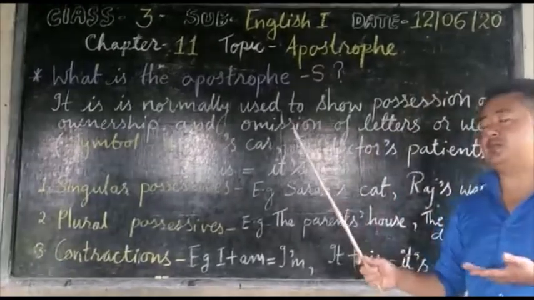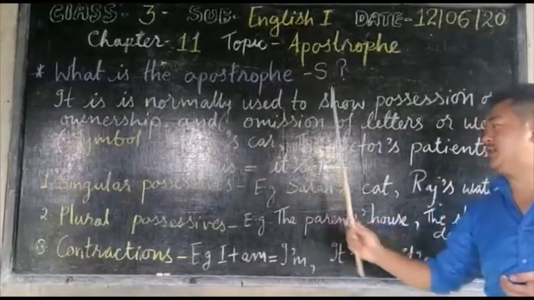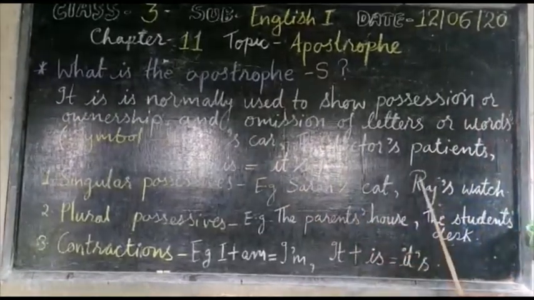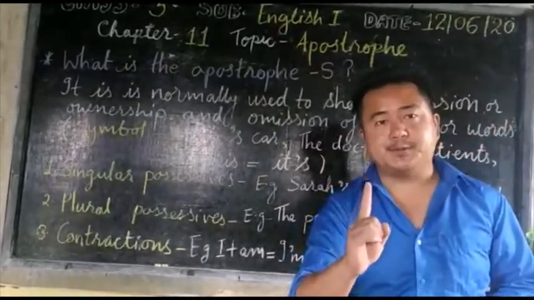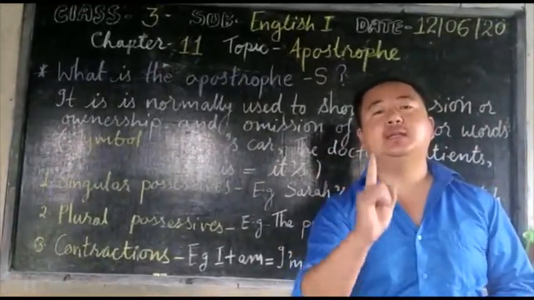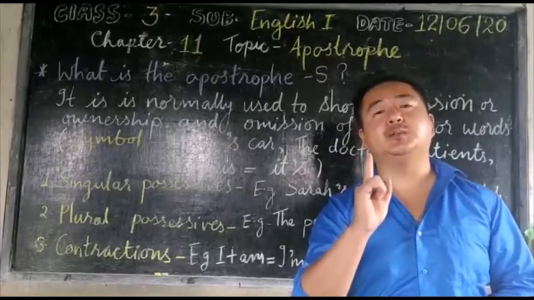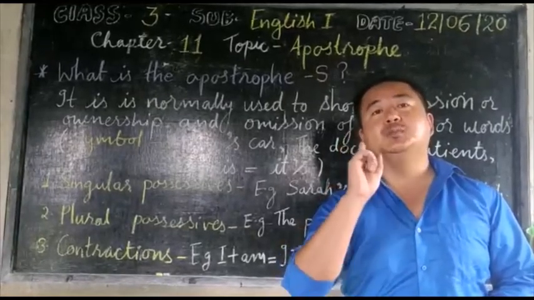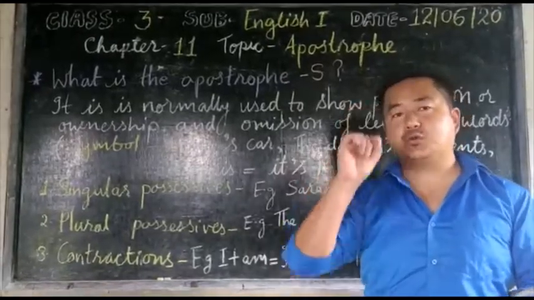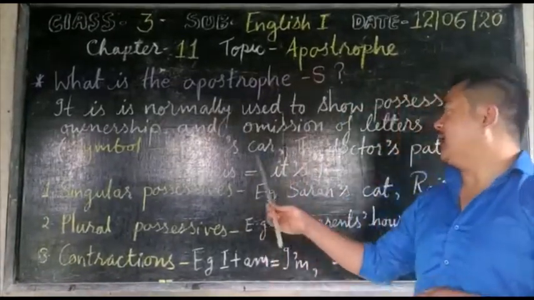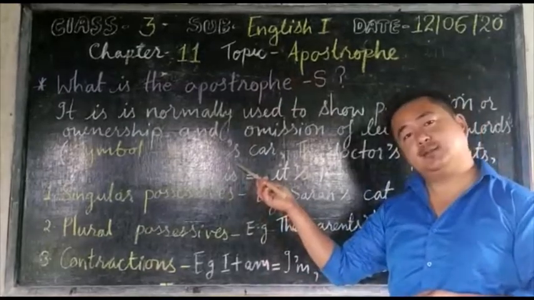The proper nouns such as Jay, Sarah, Raj show one person. Therefore it becomes singular possessive, and we use the apostrophe before the S. Got it?